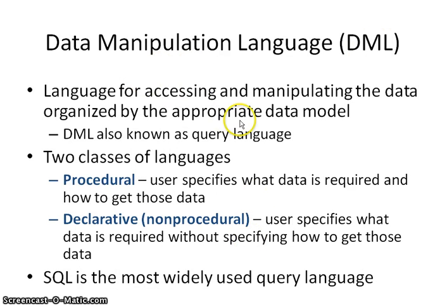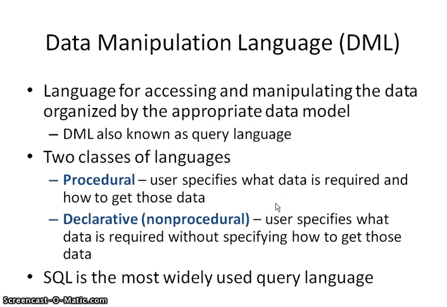Then database languages. Normally we use Structured Query Language for database management systems. Then there is the data manipulation language, a language for accessing and manipulating data organized by the appropriate data models. DML is also known as the query language.